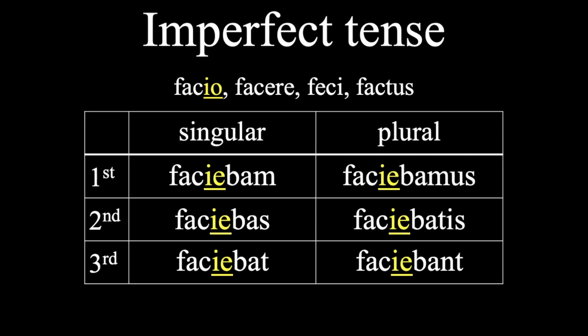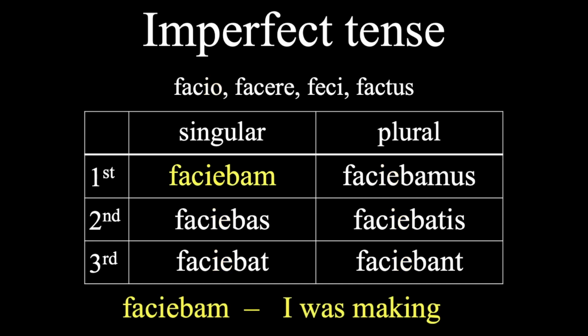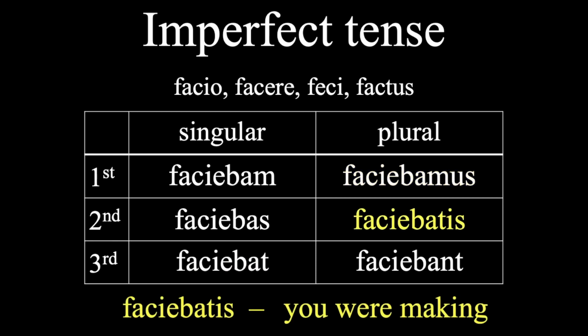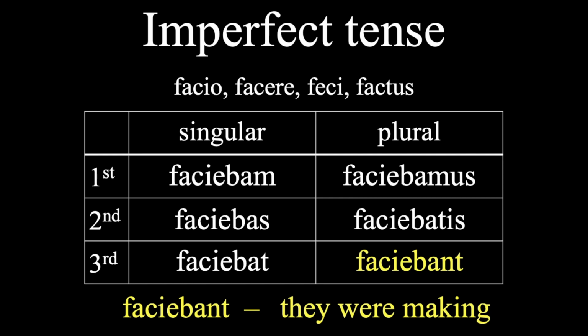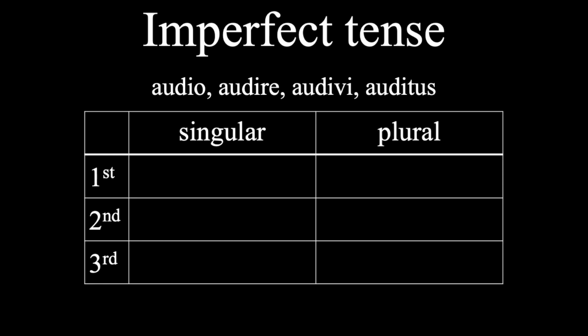All right, so this verb in English is going to be I was making, you were making, he or she was making, we were making, you were making, and they were making. All right, for fourth conjugation, we'll use audire as our example, and we do just the exact same thing that we did before.